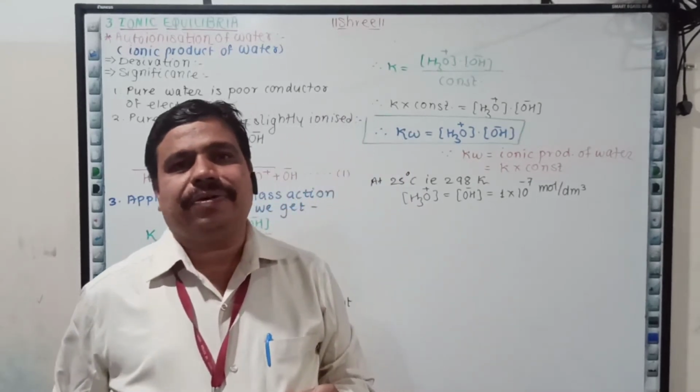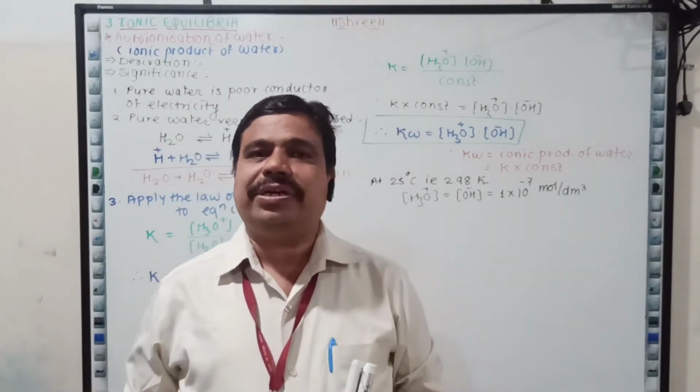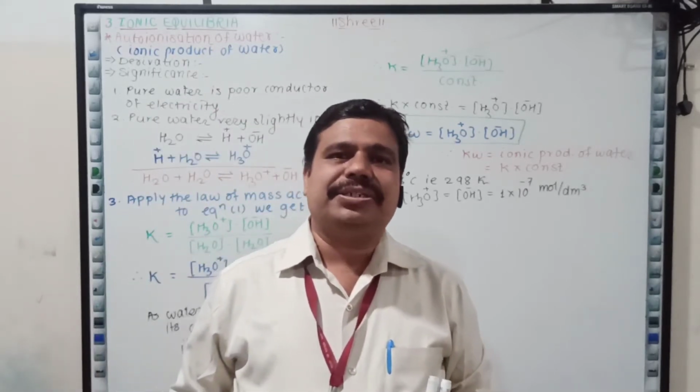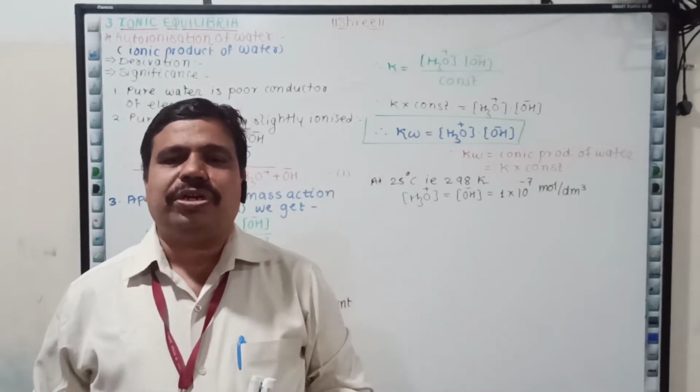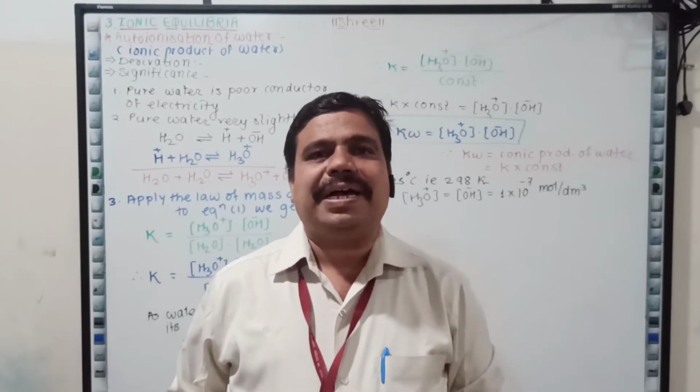So Vidyarthi Mitranno, the value of ionic product of water depends upon temperature, and at 298 Kelvin temperature, that is 25 degree Celsius, what is the value, 1 into 10 raised to minus 7.